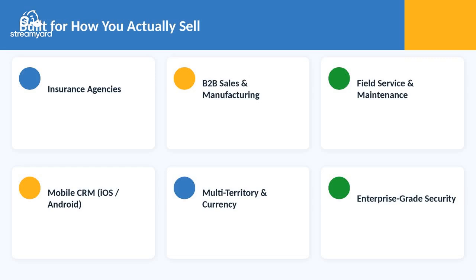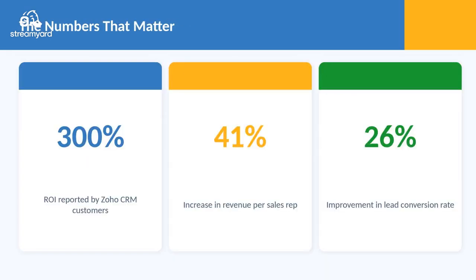We work with insurance, B2B, field services, mobile CRMs, multi-tenancy, currency, enterprise-grade security. We work with different industries and they have different work to do, but pretty much all these industries and systems have MCP connectors that can help them curate their job or get things done quicker and faster.